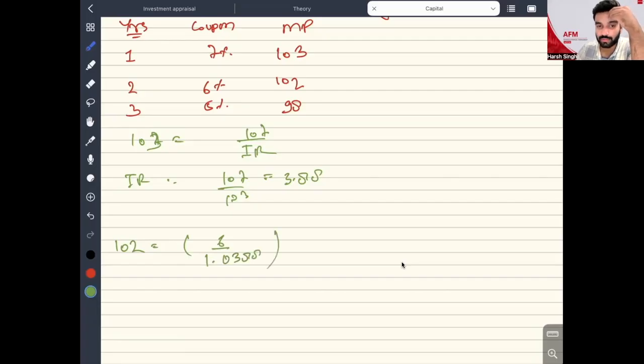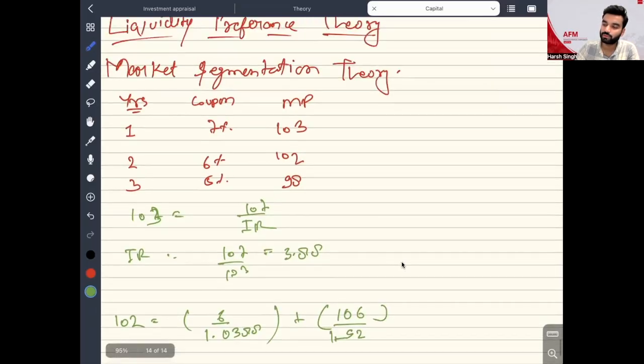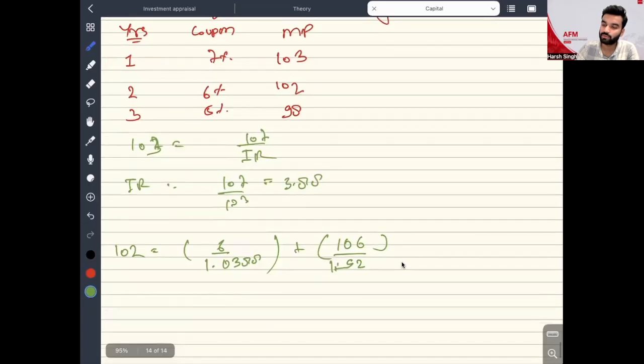This is first, plus next year again I'll get 106 rupees, divided by 1 plus S2. This is what we have to calculate. Even over here I have subtracted and everything.